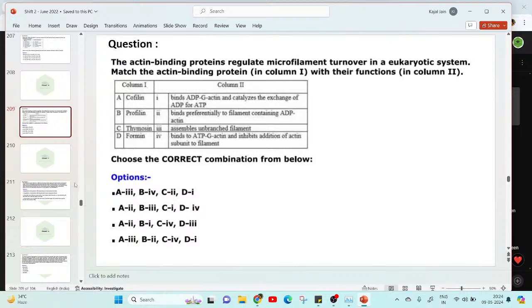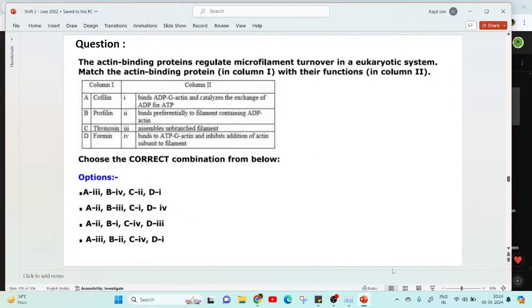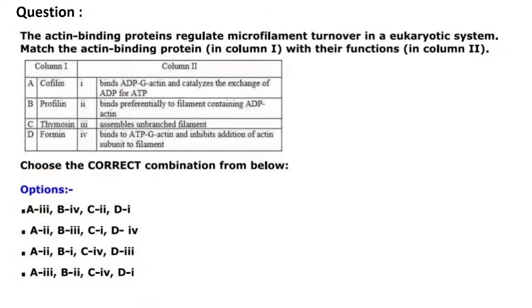So cofilin, profilin, thymosin, and then you have formin. The answer for this is option number C. Cofilin binds preferentially to the filament containing ADP actin.